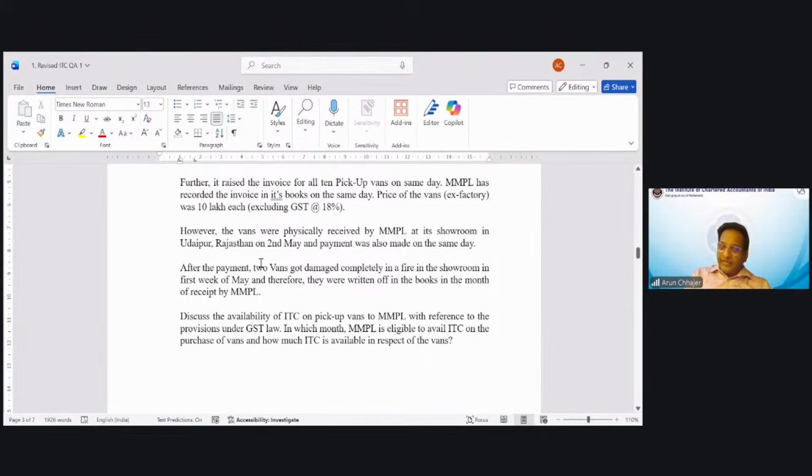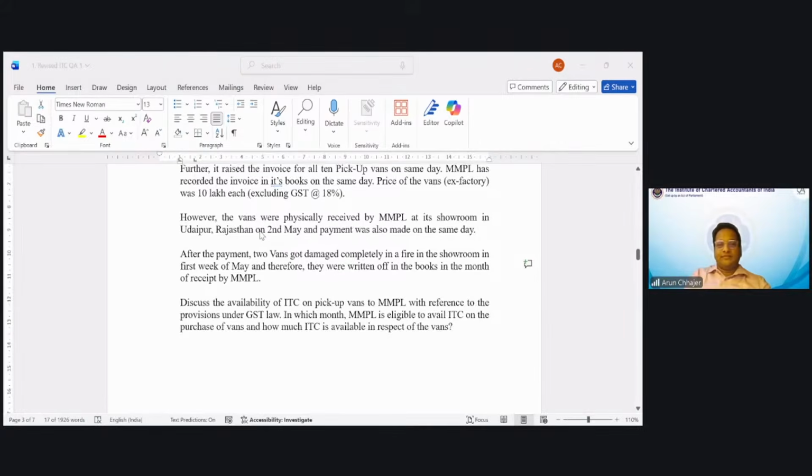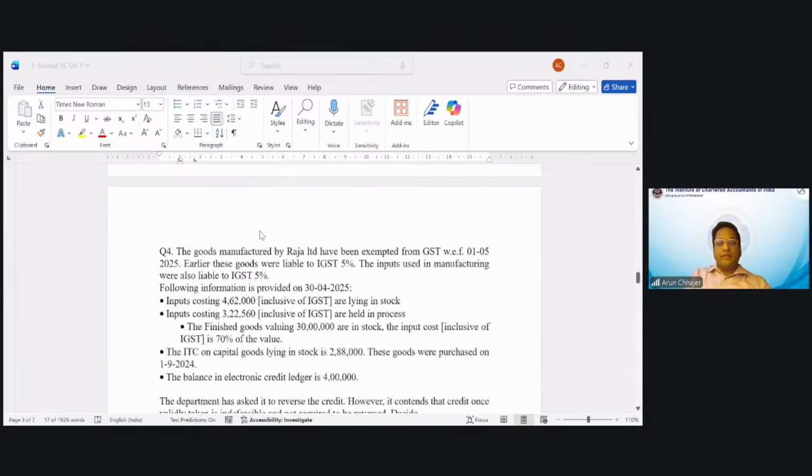You have calculated 18 lakh. Quickly tell me the amount of the ITC which needs to be reversed. Answer is, 10 लाख की एक कार है, दो कार है, तो 20 lakhs का 18%, 3.6 lakhs. Correct. Let's move further.